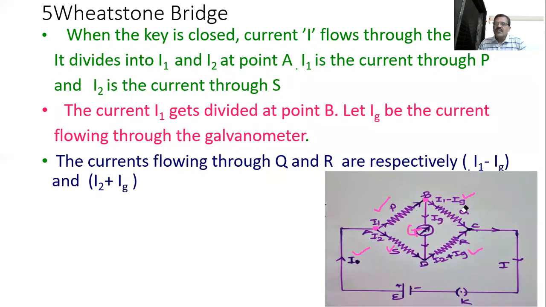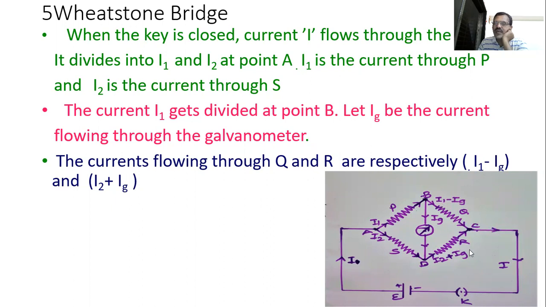Now, the current passing through Q and the current passing through R combine, and then the total current again passes through the circuit. Here, this is I1 minus Ig, this is I2 plus Ig. So, minus Ig and plus Ig will be equal to 0.